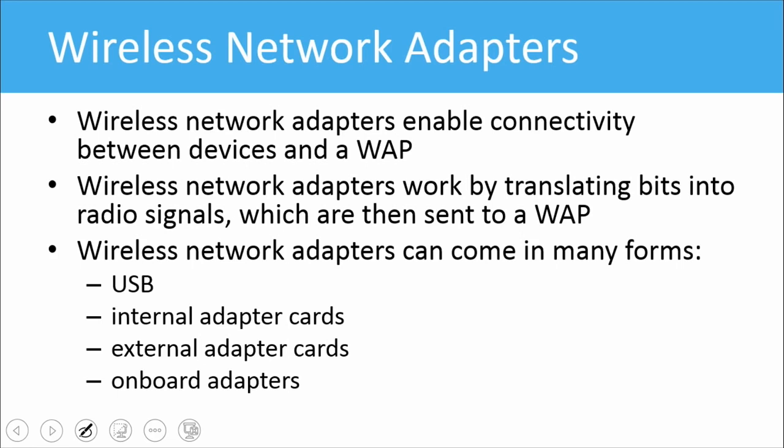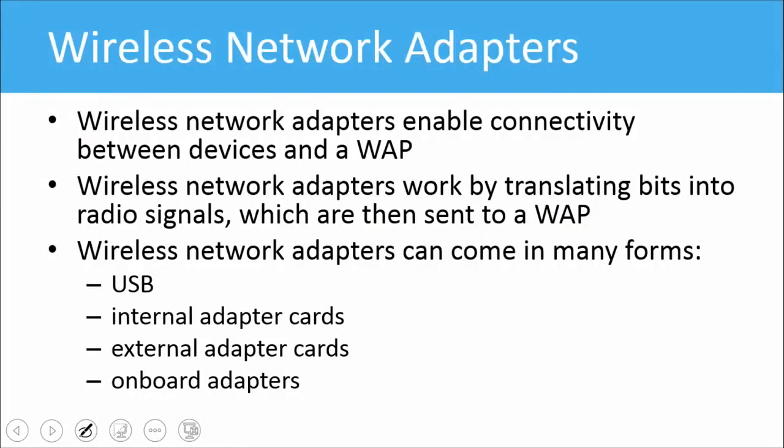So let's talk a little bit more about wireless network adapters. They enable connectivity between any device and a wireless access point, and they work simply by translating bits into radio signals. And if you actually just take a look at my hands here, all that happens is that radio signals modulate, so they sort of go up and down, and that's how they represent zeros and ones. A little different from the way that you represent zeros and ones in binary data with electricity or with light.